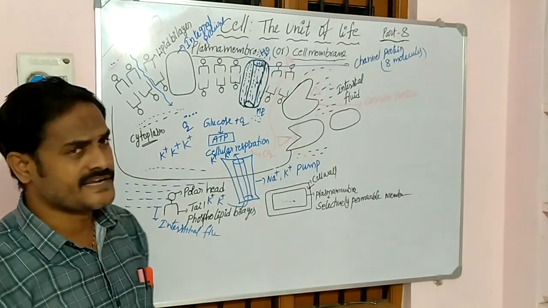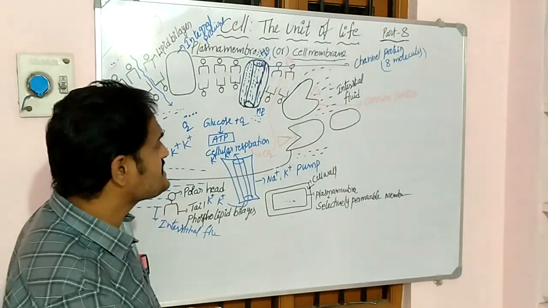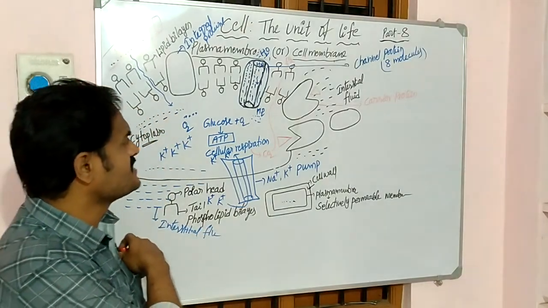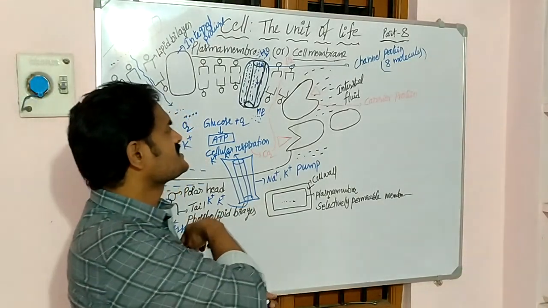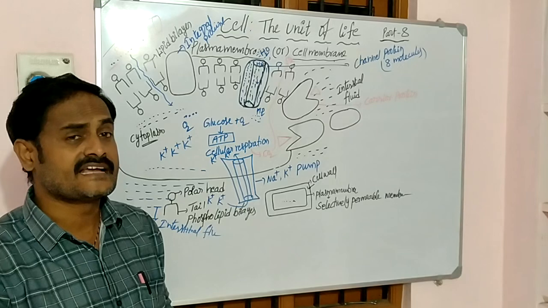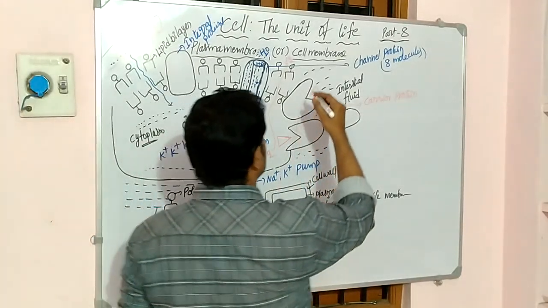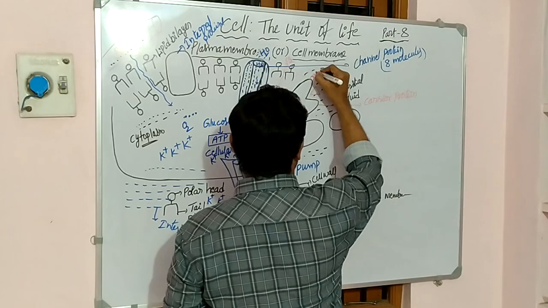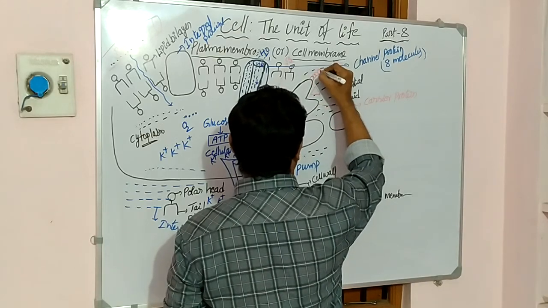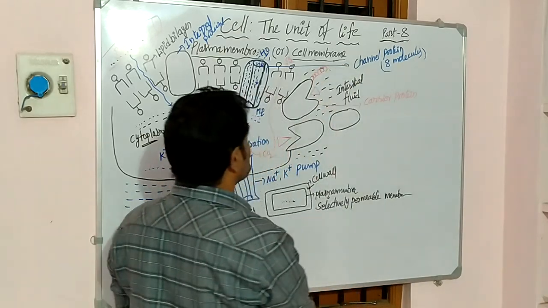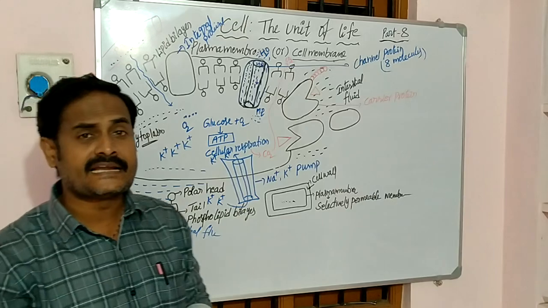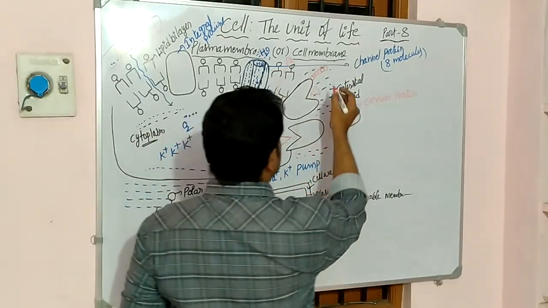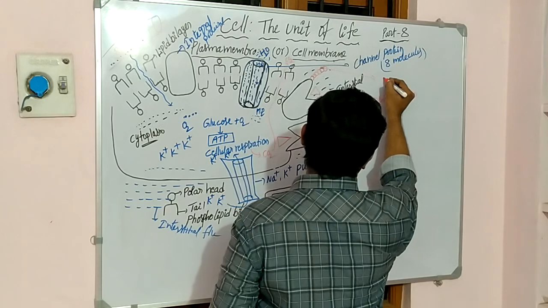Okay, here some of the proteins consist of some arrangements. For suppose some of the proteins consist of some carbohydrates here. See, this protein consists of some carbohydrates. So the carbohydrate containing proteins are called glycoproteins.